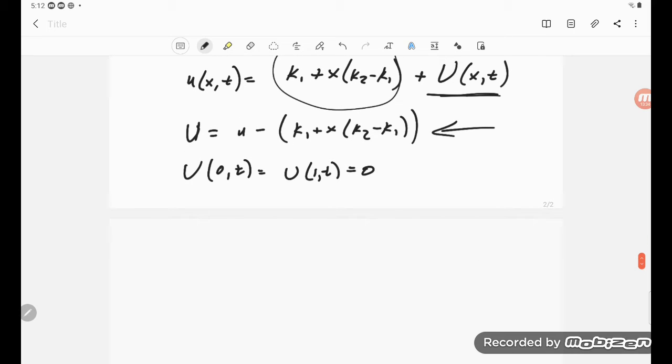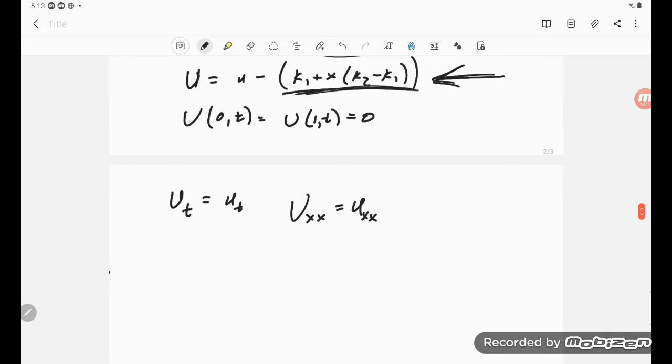And now what happens here? We'll notice that U sub t is actually equal to little u sub t, because that has no t in it, so the derivative with respect to t is 0. And then it's linear, so if we look at U sub xx, that's equal to little u sub xx, because again, the second derivative of a linear function is 0.